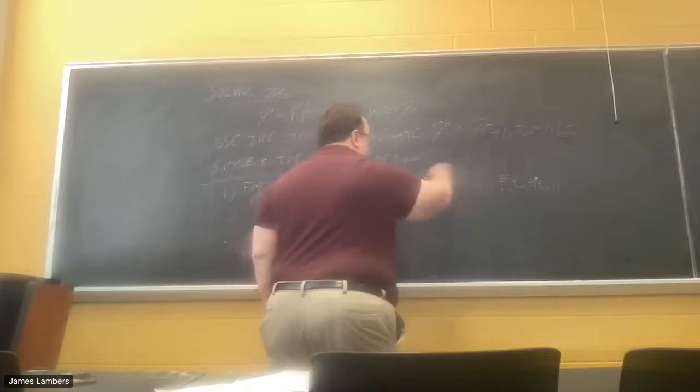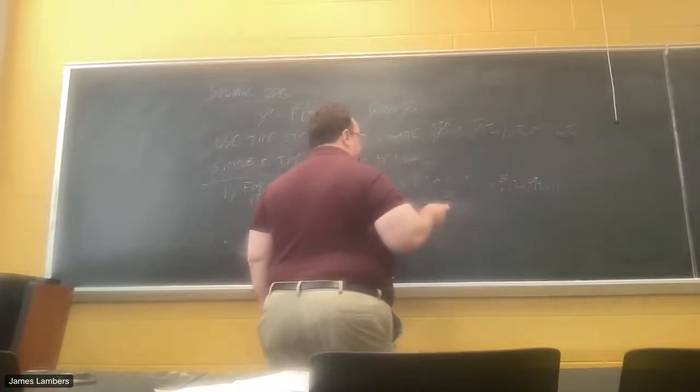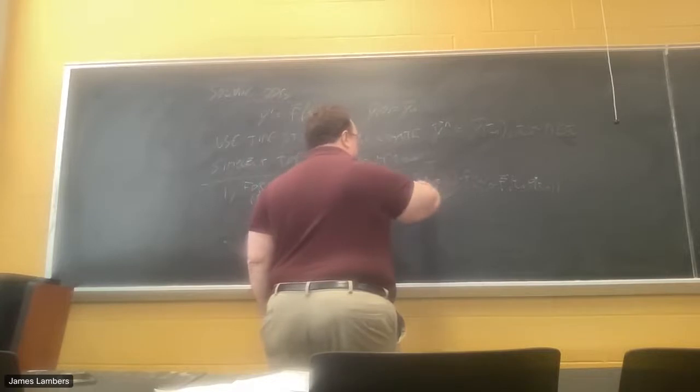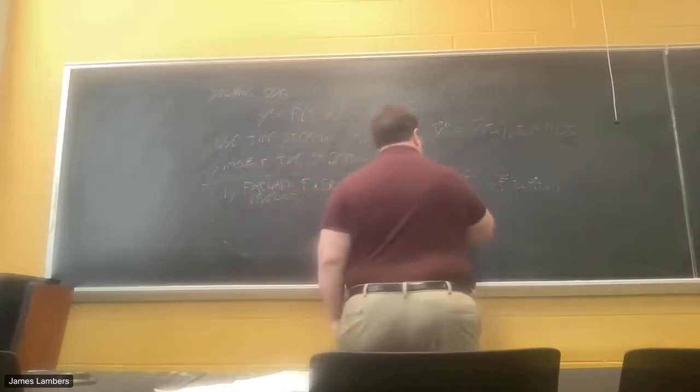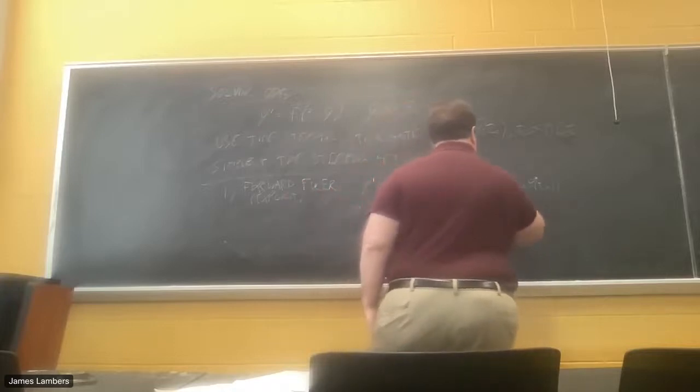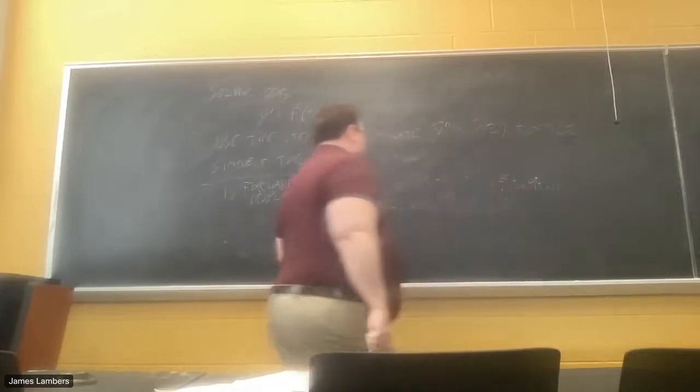If I take this method and rearrange it to solve for y at the new time, I get this method. yn plus 1 is equal to yn plus delta t times f at tn, yn.